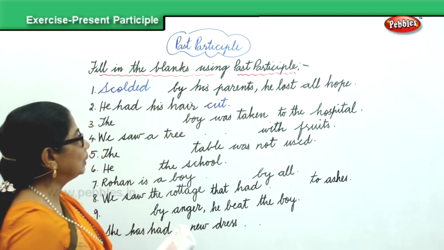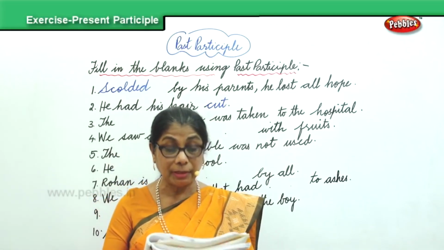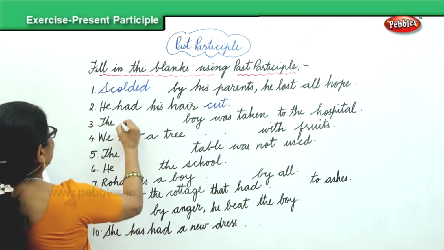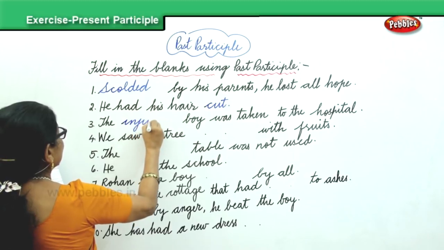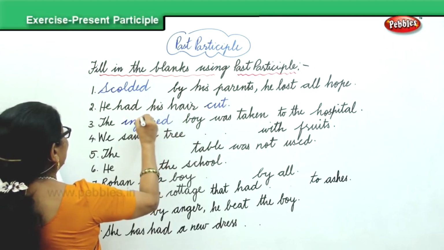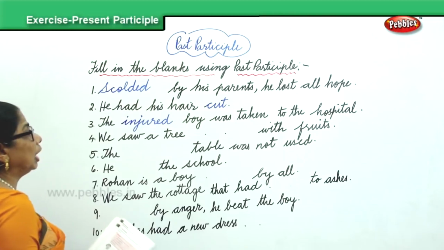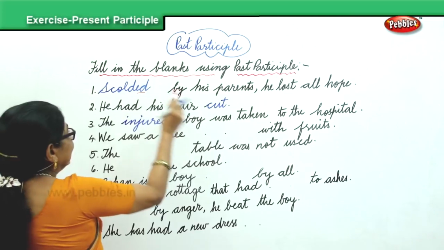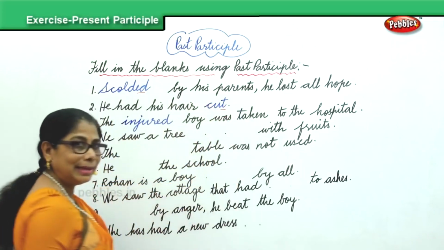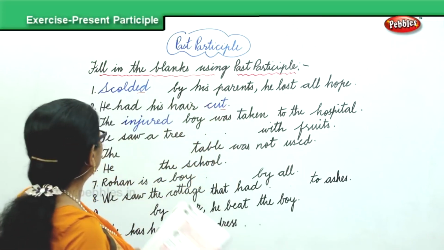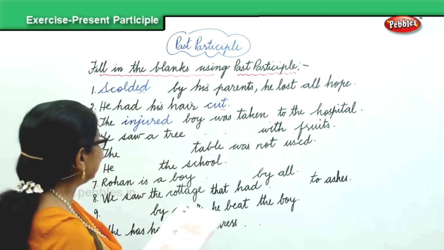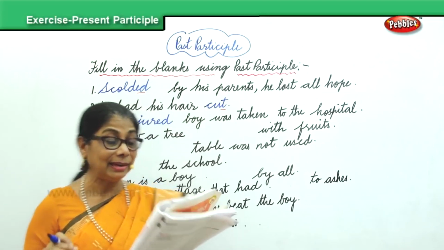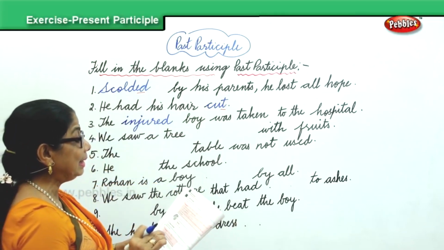The dash boy was taken to the hospital. The injured boy. Again ed. The injured boy was taken to the hospital. We said it will end in ed, it will end in t. See how beautifully you have made it. Now, we saw a tree dash with fruit, laden. Here it is ending in en.